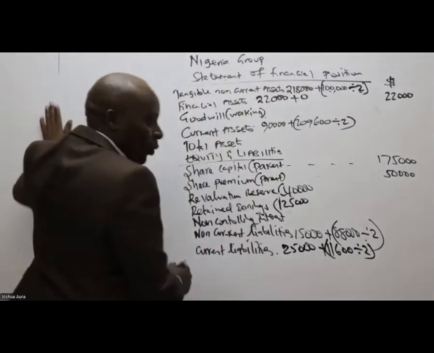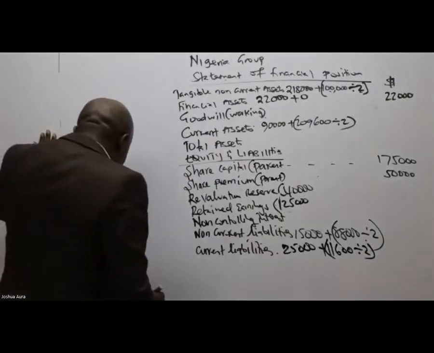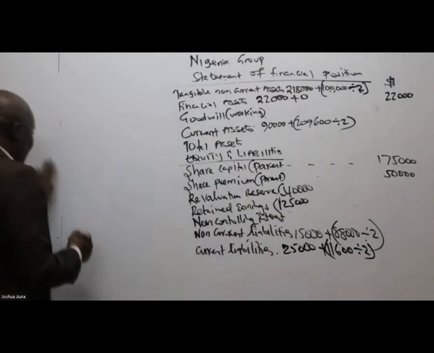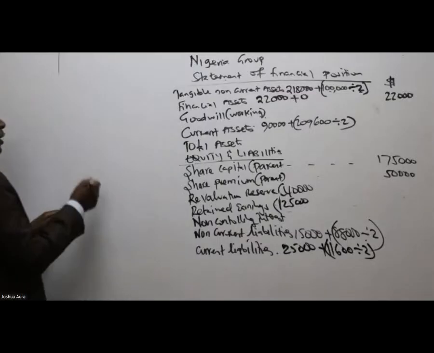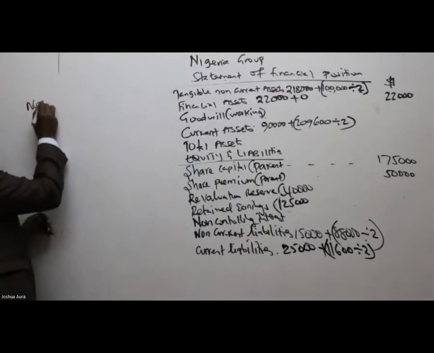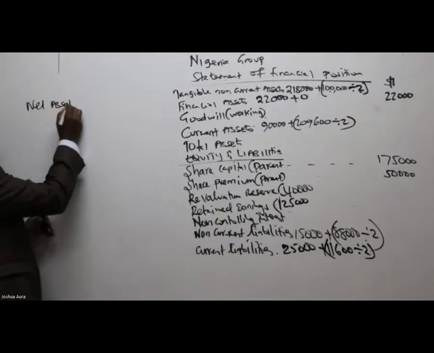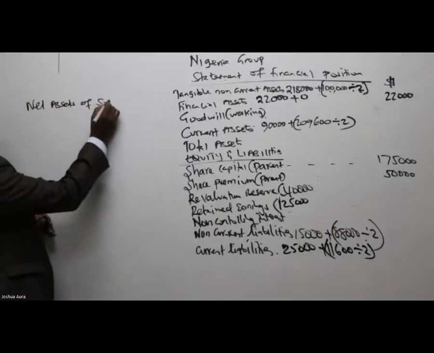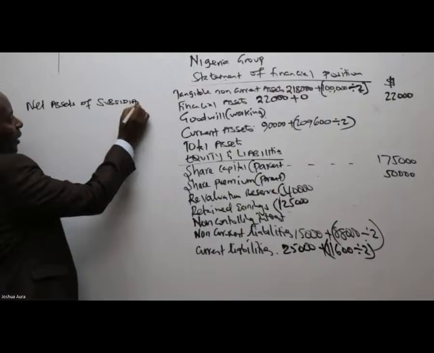So now we are dealing with the net assets of the subsidiary. 3 marks really.